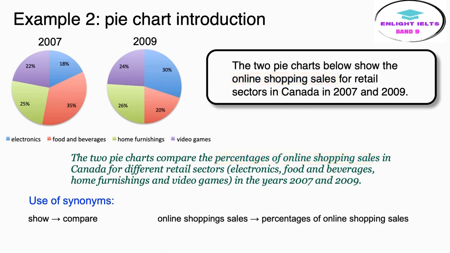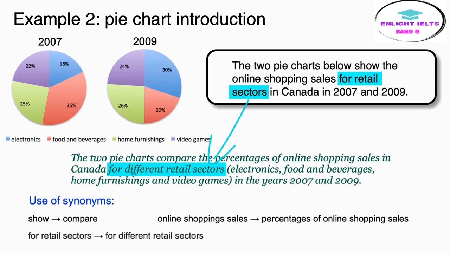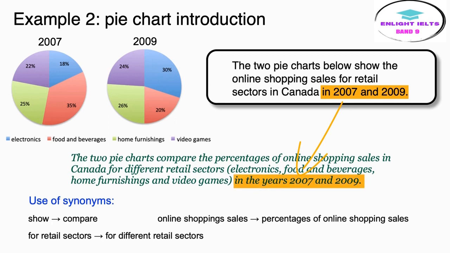Also, instead of writing for retail sectors, I wrote for different retail sectors. And finally, I changed the expression in 2007 and 2009 to in the years 2007 and 2009.